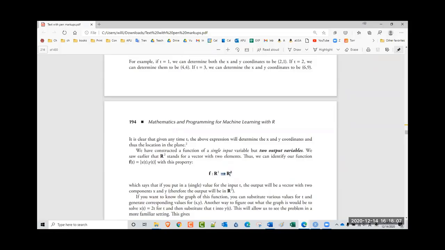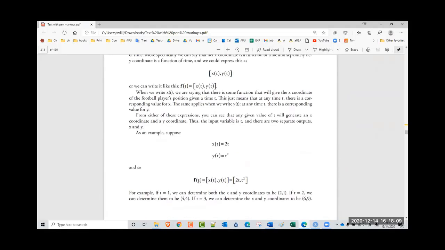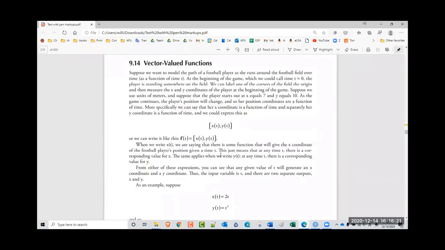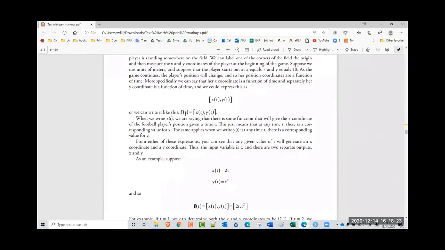So you get a vector as the output, and we'll use a bold F to tell us that the output is going to be a vector. So here, for example, suppose we have one input t, but we're going to get a vector as the output. You can see that this is a vector. It's got one comma in there, which means that there are two elements to this vector. One of them is x of t and the other is y of t.